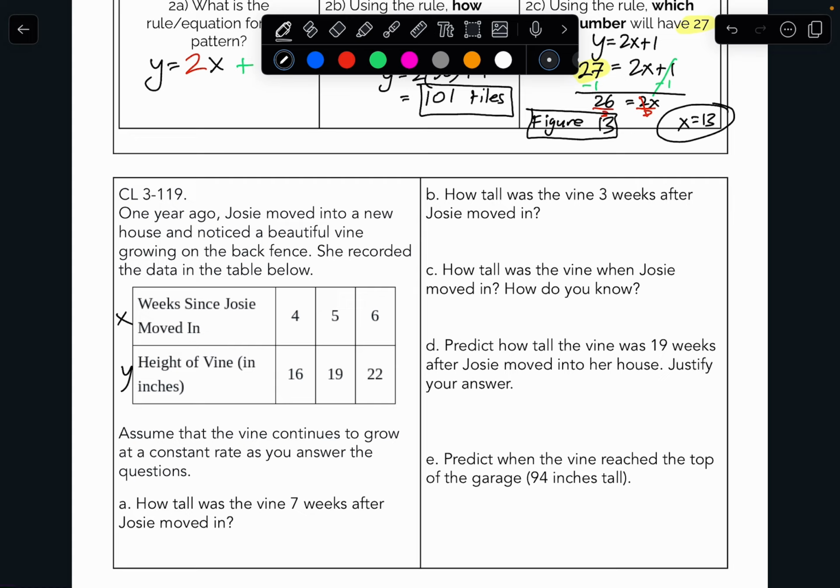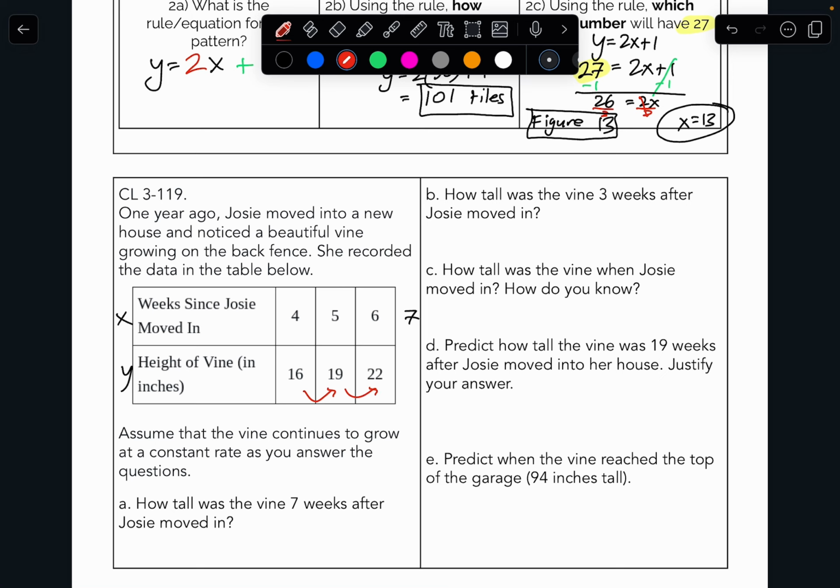Okay, cool. So that means it's growing in a straight line, at least the same amount of growth every year. How tall was the vine 7 weeks after Josie moved in? I think this is kind of an easy question. Oh, it's question A. That's why it's the first question here. Well, let's look at the pattern.